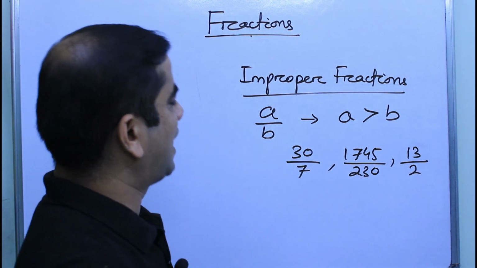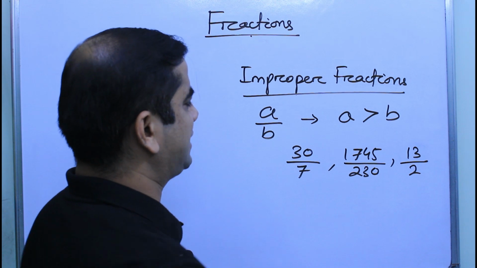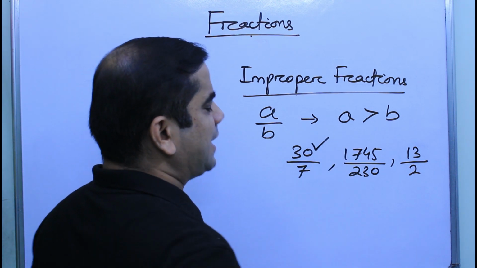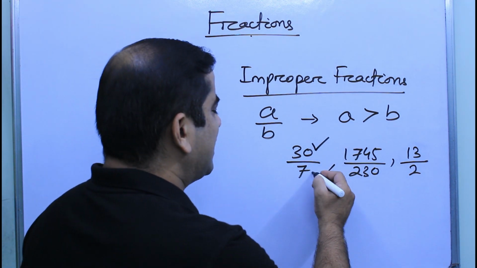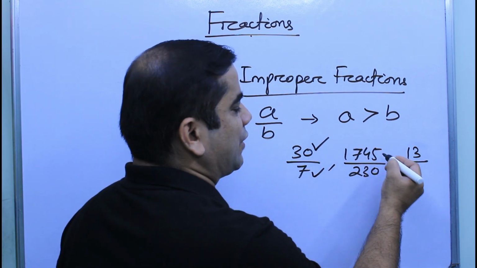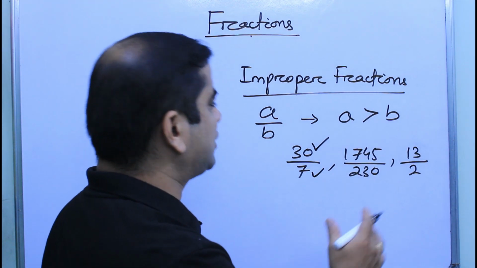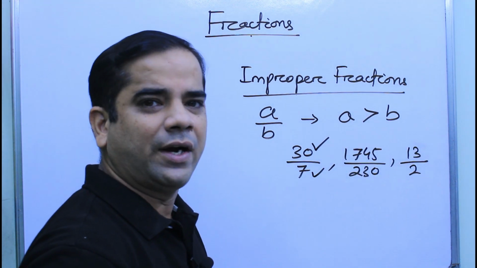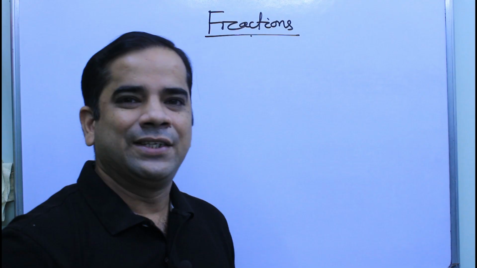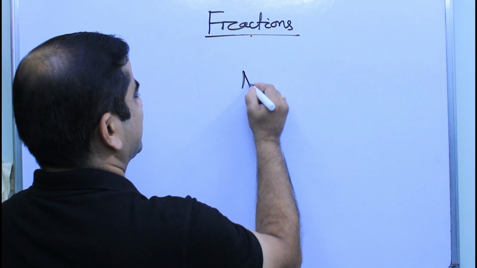All these fractions are improper fractions because in all these cases the numerator is greater than the denominator. 30 is greater than 7, 1745 is greater than 230, 13 is greater than 2. So all these fractions are called improper fractions. Okay, students, let us now discuss about mixed fractions.